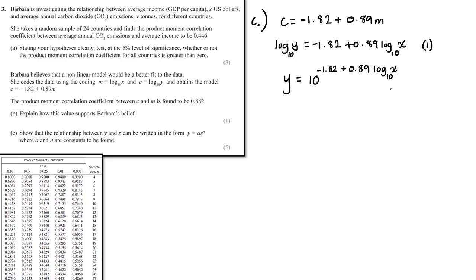From here, this just boils down to working with your laws of logarithms. Because this is adding, 10 to the minus 1.82 plus 0.89 log x base 10, we can write this as a product with the same base.